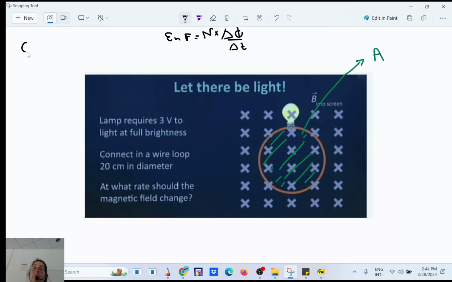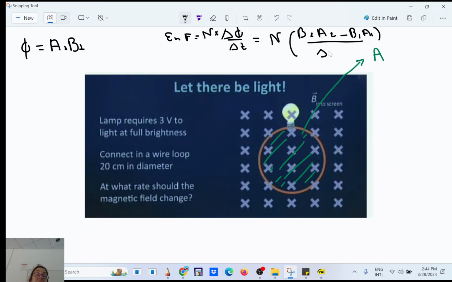And I told you the magnetic flux will be the area times the magnetic field. Magnetic field has to be perpendicular to it, okay? Otherwise, you have to use a cosine, but we don't have to worry about it. It's perpendicular to the area. Okay, are you doing it instead of talking over there? So it's going to be B2, okay, it's a change, so final minus initial, divided by the time elapsed.